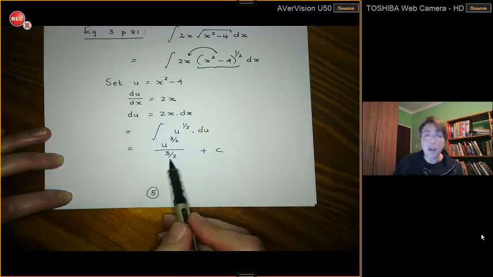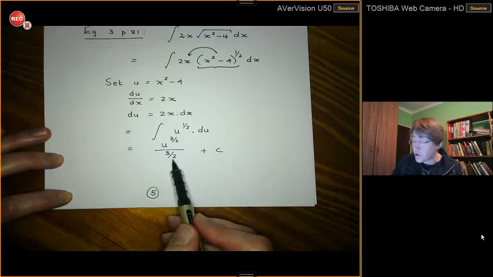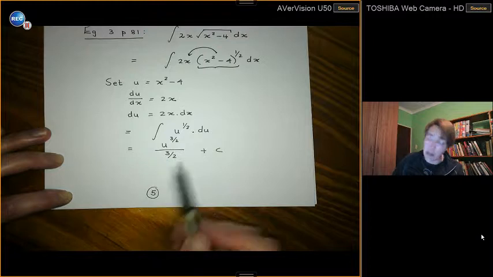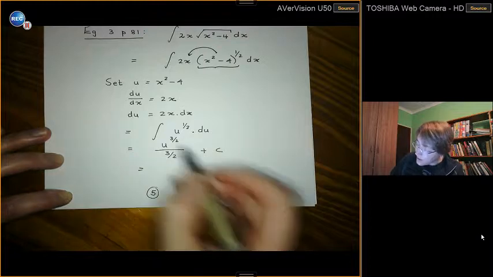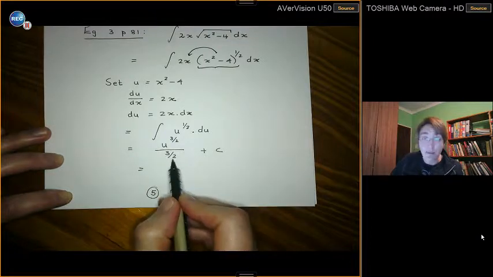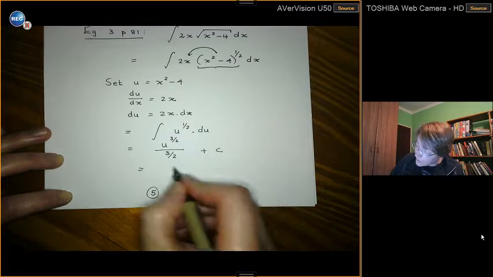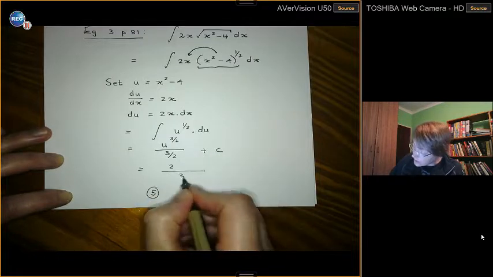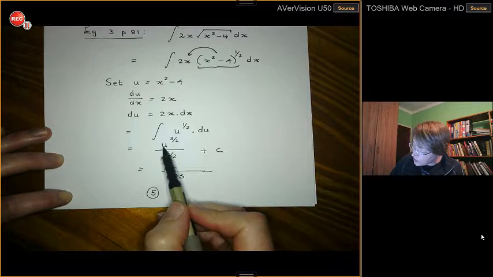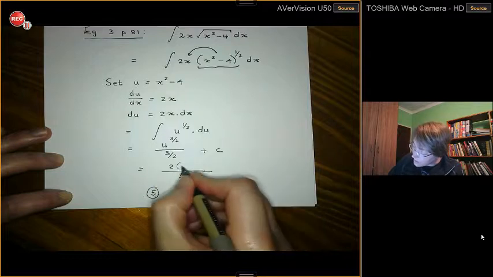And then, please remember, if you do choose to use u substitution, you need to go and substitute u back with x. So if I substitute it back with x, and I just clean this up, meaning if I divide by 3 over 2, it becomes 2 over 3. And then, like I said, u is equal to x squared minus 4.